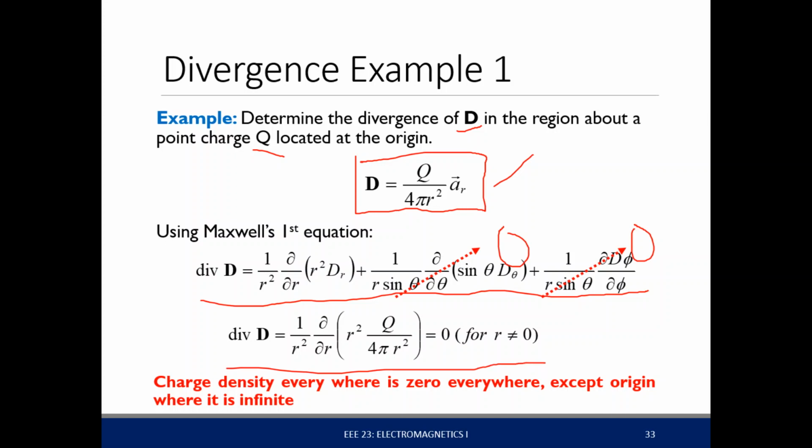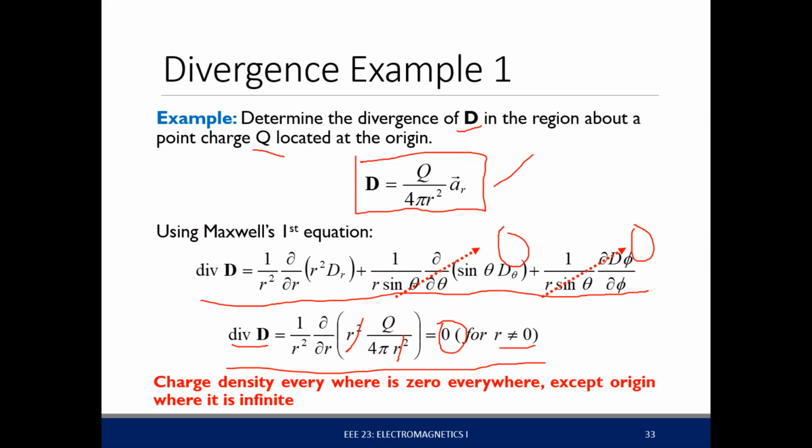If you get the derivative of this with respect to r, it's 0, since if you multiply this, the r squared will be cancelled. Q is constant, 4 pi is constant, and the derivative of a constant is 0. Therefore, the divergence of this electric flux density is 0 for r not equal to 0.